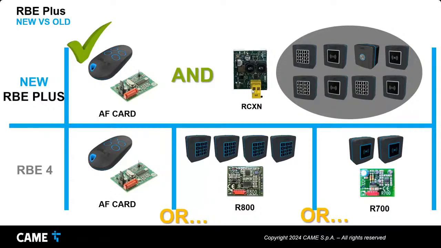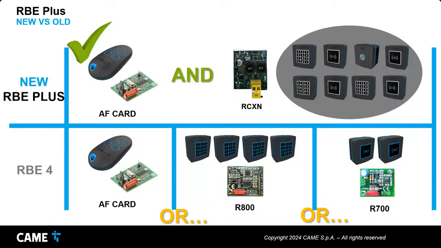It is very important to say that this feature is only available, and this is an improvement of the RBE Plus, the new one, because in the old one, we were obliged to choose which one of these functionalities was used. So only one of these, not all together.